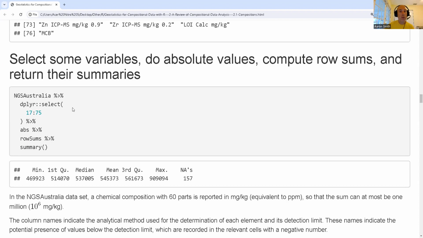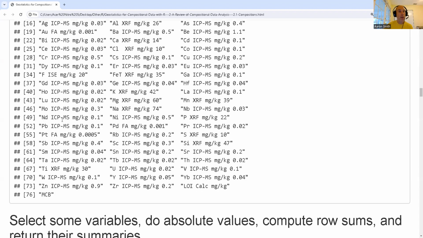Let's keep on rolling. Let's select some of the variables, convert over to absolute values, compute row sums, and return the summaries. I'm going to restrict to just a few columns, the ones I'm interested in for composition, so column 17 through 75.